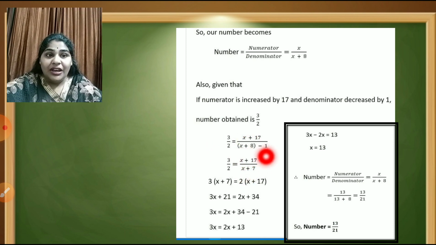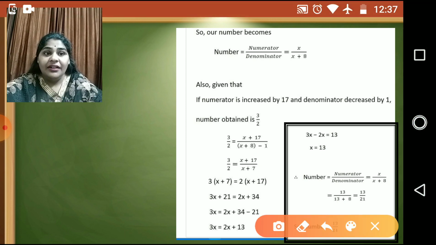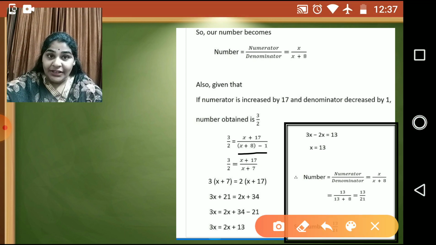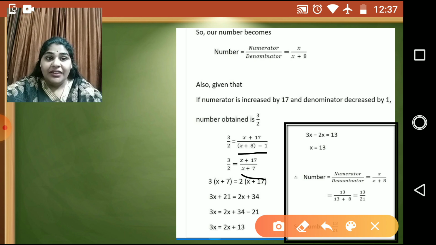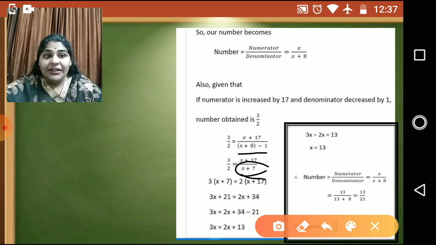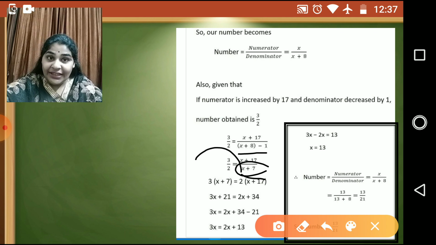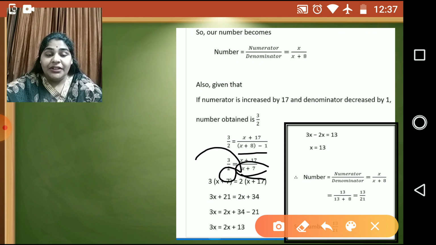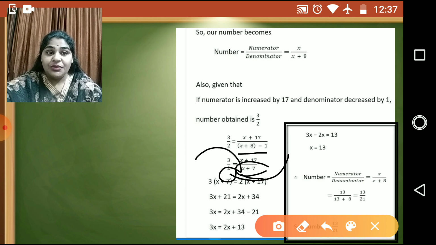So now here, children, you can see here x plus 8 minus 1, I have opened the bracket, 8 minus 1 will be 7. That is in denominator now it is x plus 7 and numerator it is x plus 17. Now this denominator I will be transposing to the right hand side, and denominator division will become multiplication.